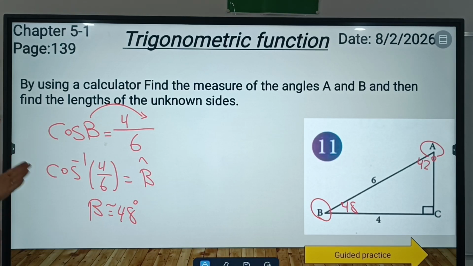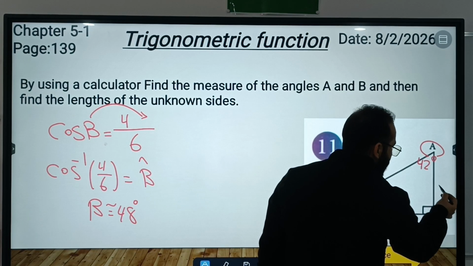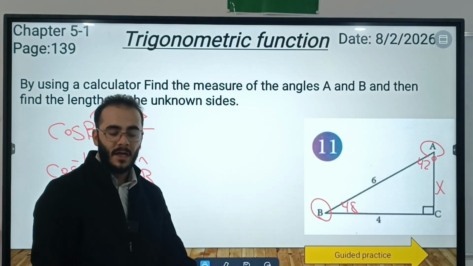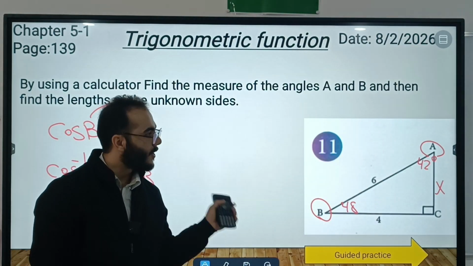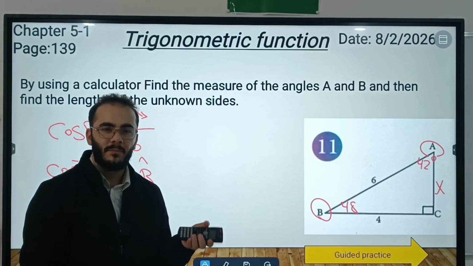How about the length of the side that is not given, which is this side? Let's just name it x. How are you going to find this x? Pythagorean theorem. As I already said, the best idea to find a missing length in a right triangle is just using the Pythagorean theorem.